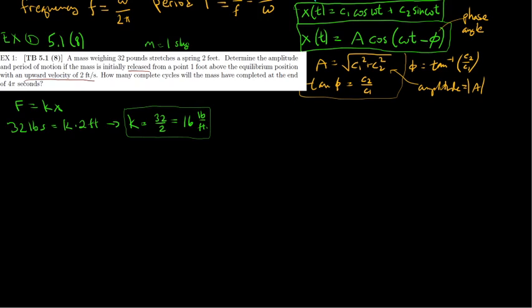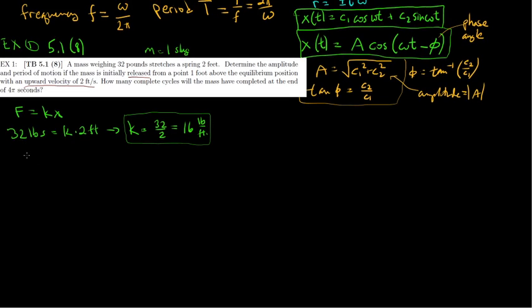Okay. So we know what K is. Oh well, actually, before we get that, what's the mass going to be? Remember, 32 pounds is a mass of one slug. So M is just 1.